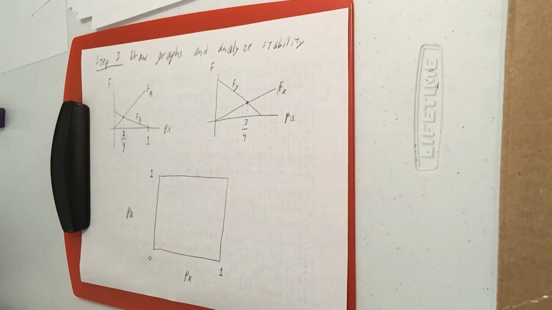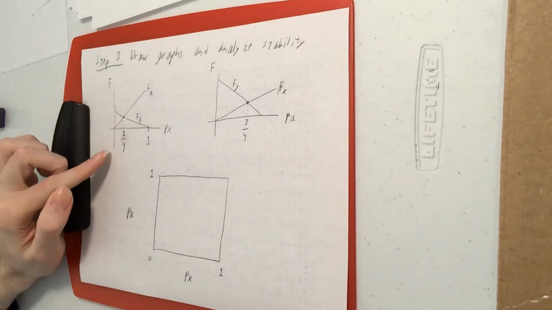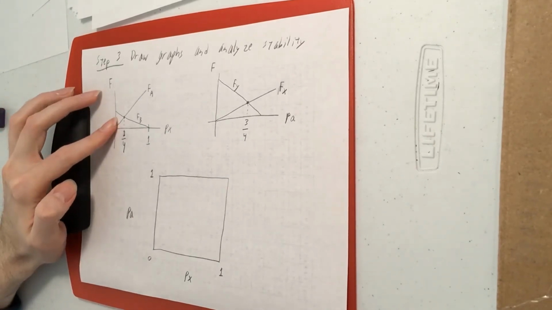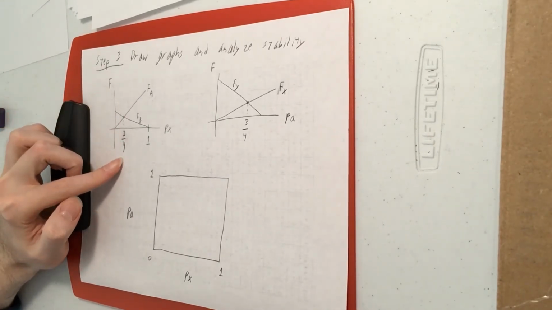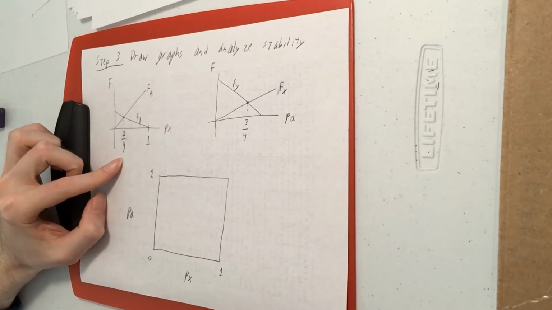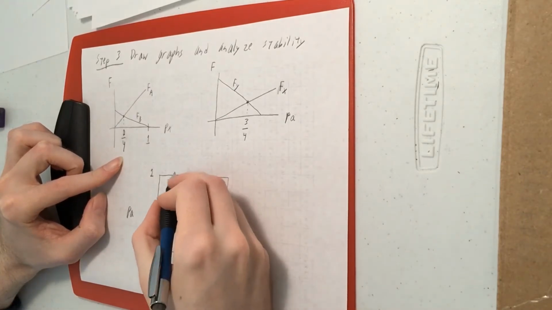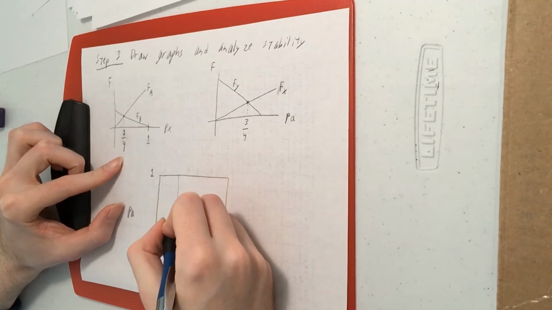Now, we know there are going to be different regions in the box depending upon which type is more fit. So we know that the A types and B types are going to be equally fit when px is 1/4. So px being 1/4 is going to be somewhere around here.